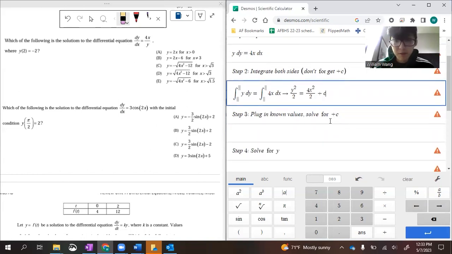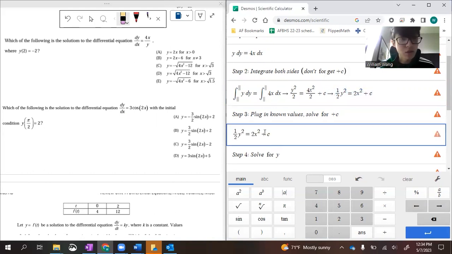I'm going to simplify that to just be 1/2 y squared is equal to 2x squared plus c. So I just simplified it. Here I'm going to plug in my known values and solve for c.